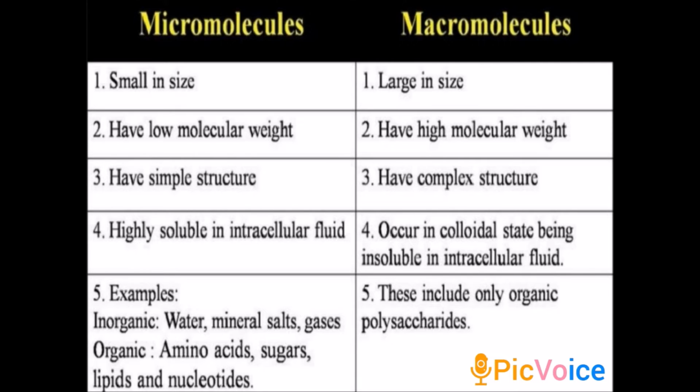Next, macromolecules include only organic polysaccharides. That is, it is a very complex structure. It has many elements joined together to form a macromolecule, and it is present only in organic state. That is, it is only made up of carbon, hydrogen and oxygen.